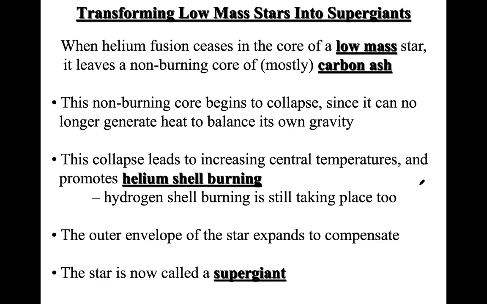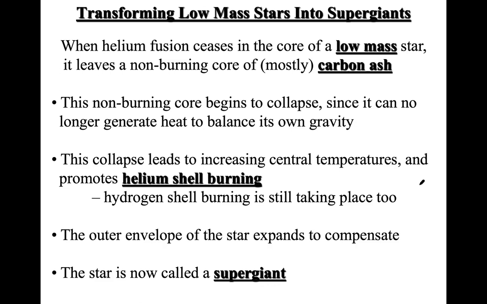Once again, you have the carbon ash at the center and a surrounding helium shell. You don't have enough temperature at the central region to burn carbon into heavier elements, so gravity starts to contract everything towards the center. When that happens, the helium shell starts to burn, right? Because now you get some temperature because of this contraction.